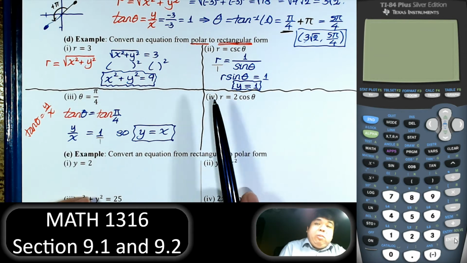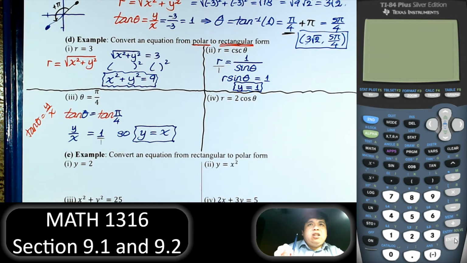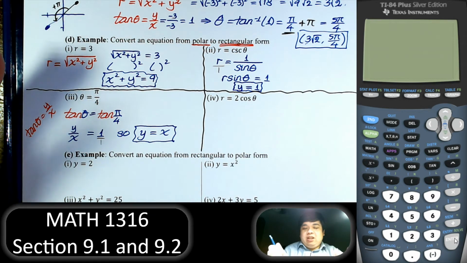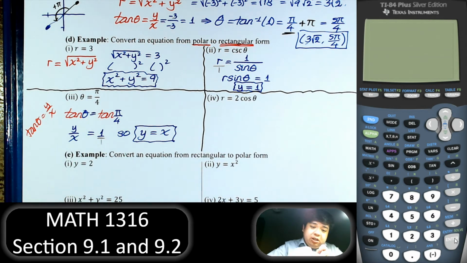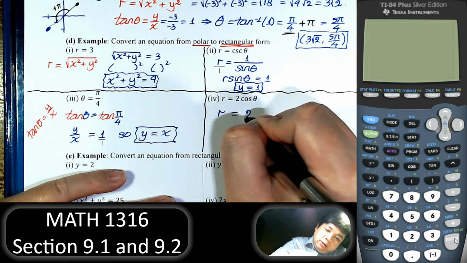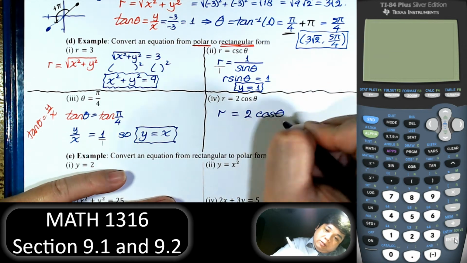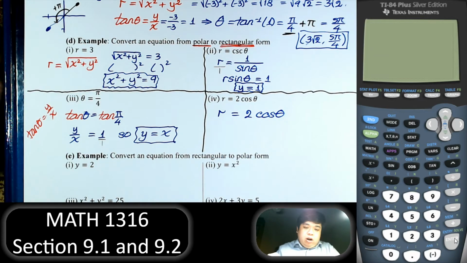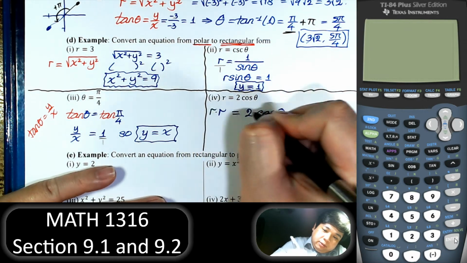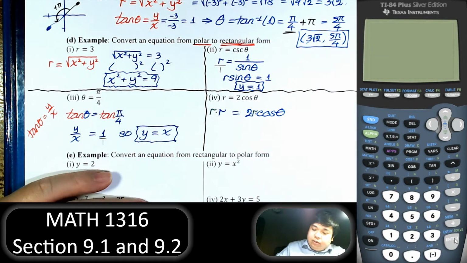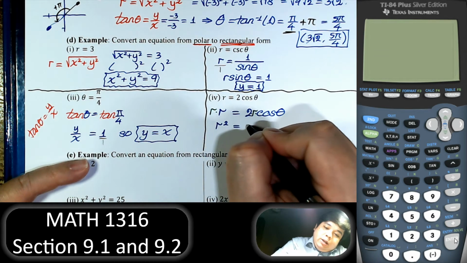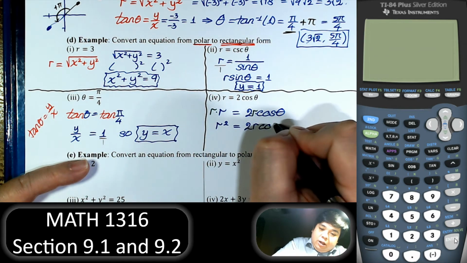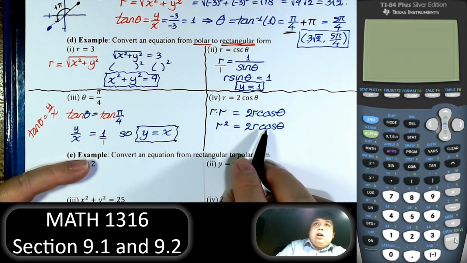Right, next, if we have r equal to 2 cosine theta, the cosine by itself is not going to help. But if we have r times cosine, that's going to be x, right? So what we do here is, if I multiply an r to it, I have r squared equal to 2r cosine theta. r cosine theta is x.